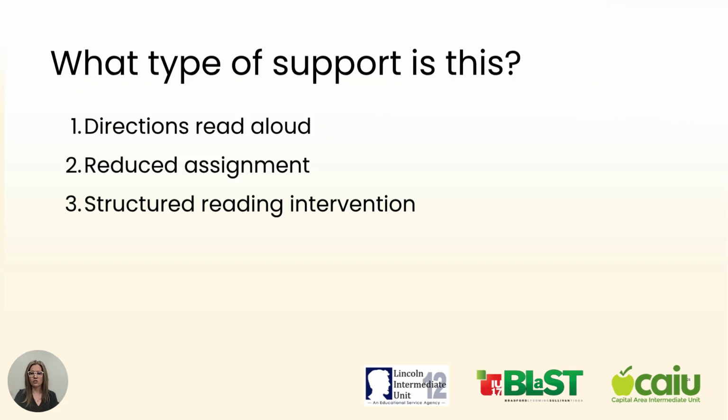Number three, structured reading intervention. What type of support is this? That would be an example of an SDI because it involves intentional, targeted instruction designed to build a specific skill over time. This is where the distinctions start becoming more automatic and easier to recognize in real classroom situations.